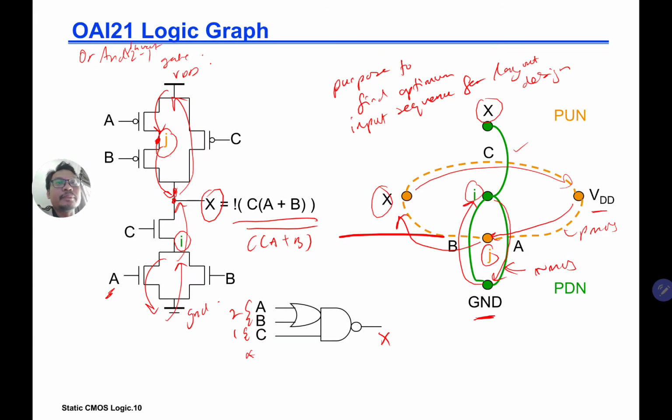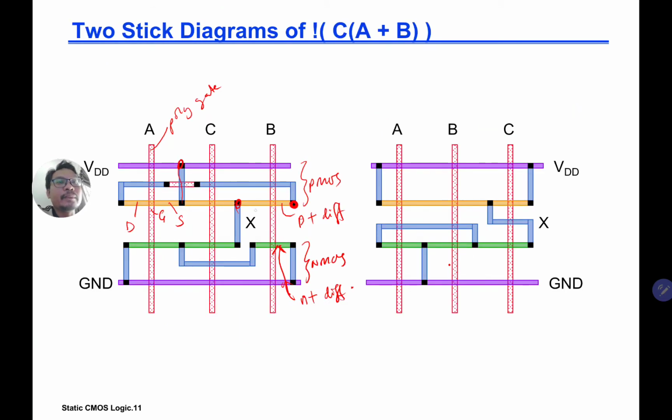So X is connected to the B and C of the PMOS and the C of the NMOS. So we have a shared diffusion. Here you can say it's a shared diffusion, BC.